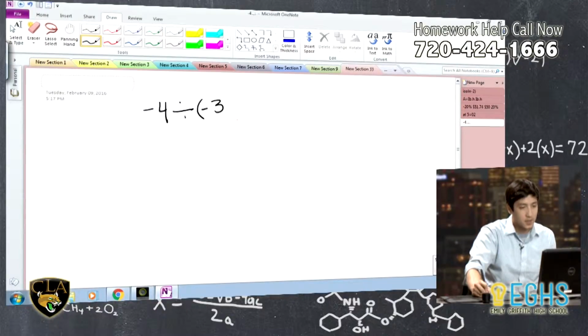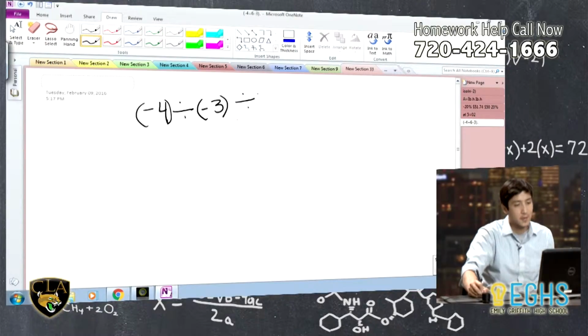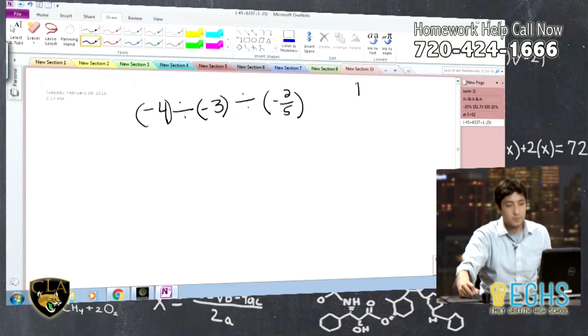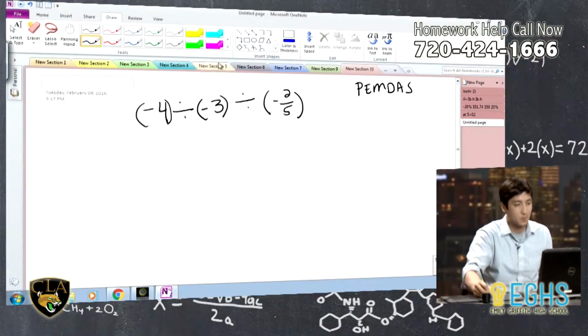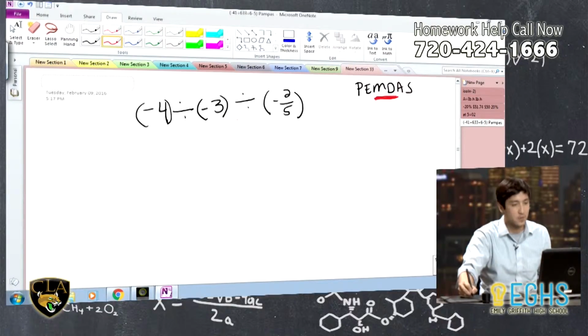And I'm actually going to write these in parentheses because the negatives can get a little confusing if you don't. Divided by -2/5. So when we did PEMDAS, one of the things that we talked about a while back on the show is that when we do the multiplication and division, we should do that left to right.